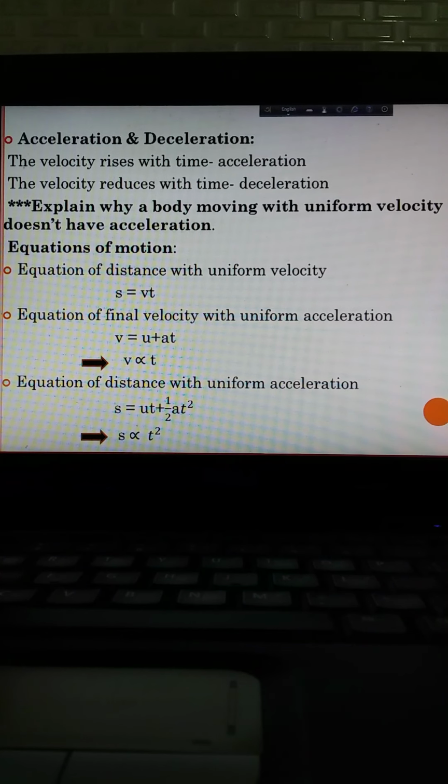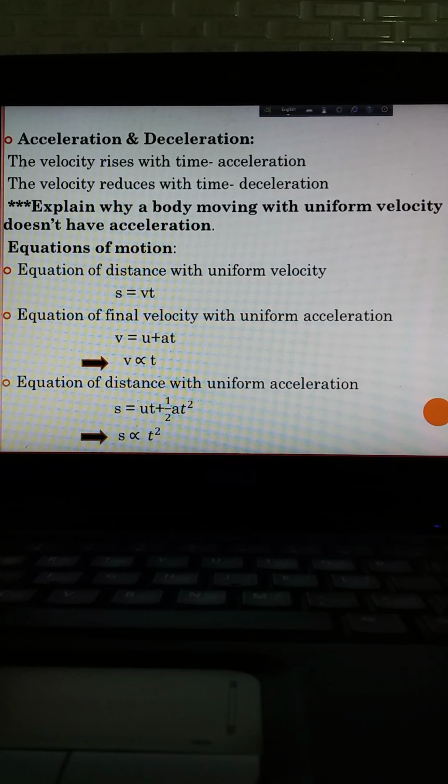Okay, as we were saying, equations of motion. Generally there are four equations here, and these equations were discussed by the scientist Sir Isaac Newton. He first discussed this.